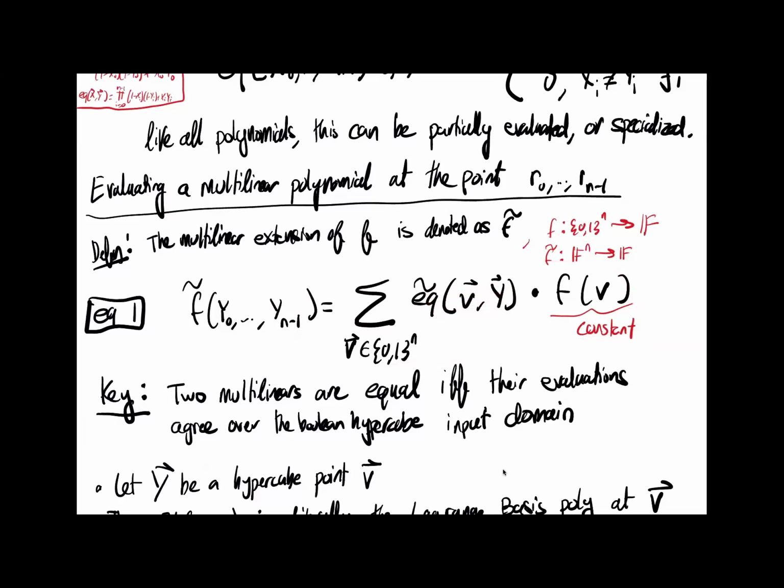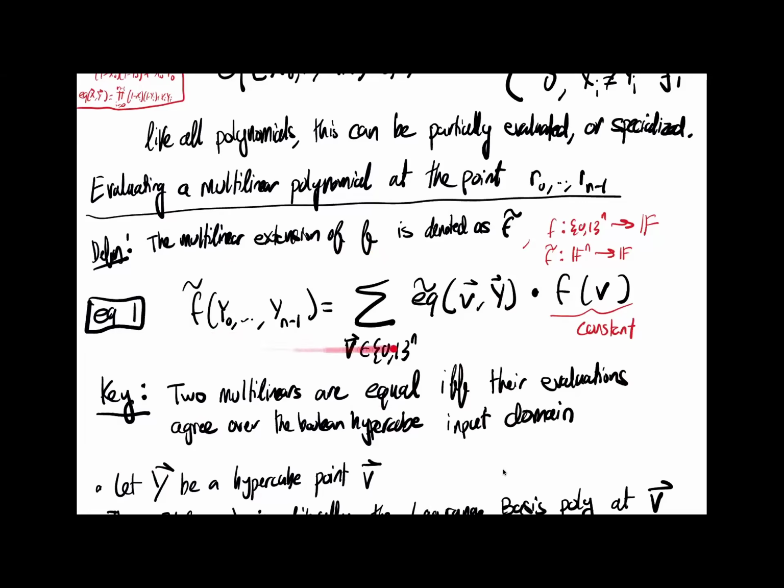Now, a really neat trick when you have something that looks like this expression and it's really complicated to know whether it's actually doing the right thing or not is to check that 2 multilinears are equal if and only if their evaluations agree over the Boolean hypercube input domain. So is f tilde really the multilinear extension of f? We know f has some multilinear extension.